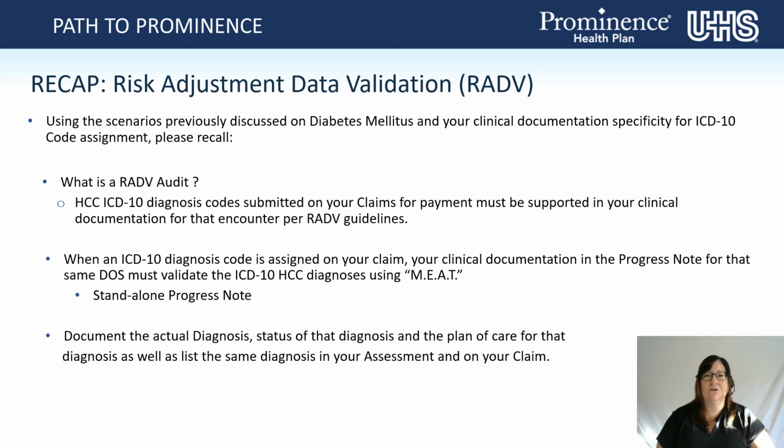Recall, it's that standalone progress note that must support the diagnosis code submitted on your claim for payment. It's not the medical record in its entirety. Don't forget to document the actual diagnosis, the status of that diagnosis, and the plan of care for that diagnosis, as well as listing the same diagnosis in your assessment and then putting that diagnosis code on your claim for best practice success in risk adjustment.